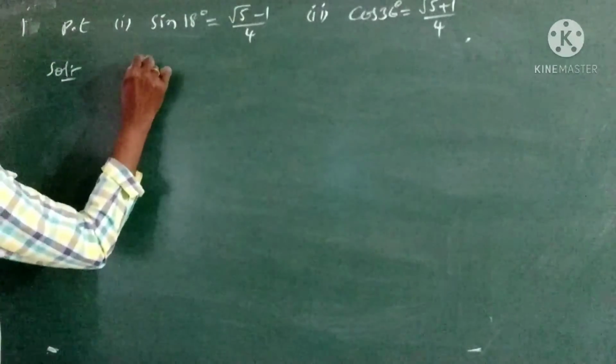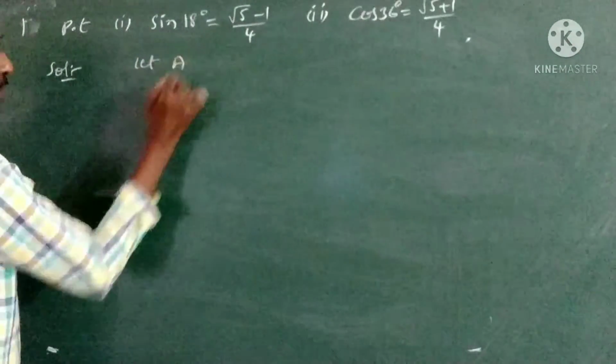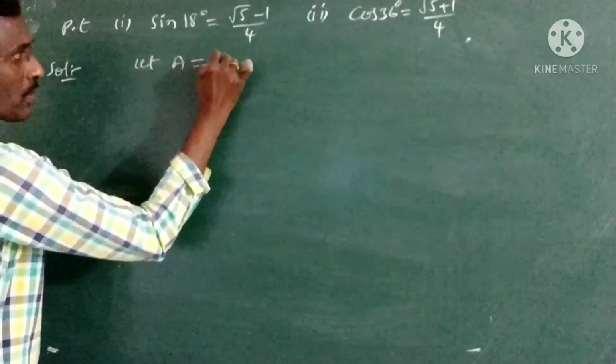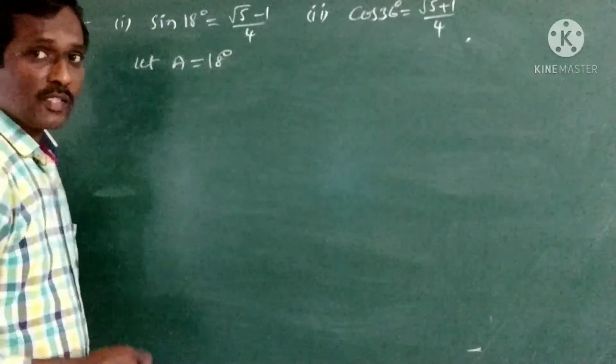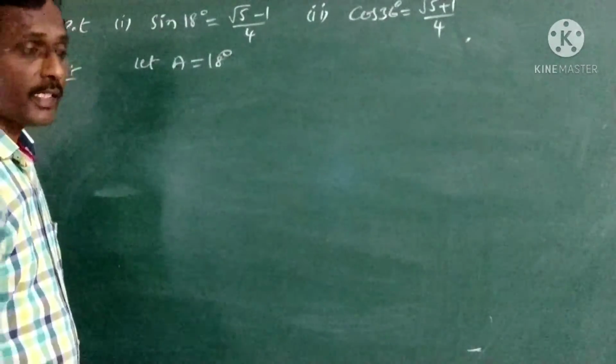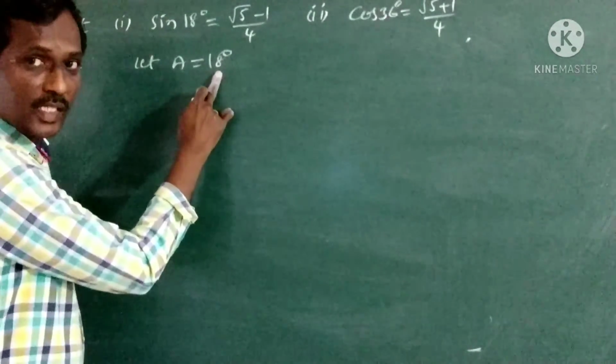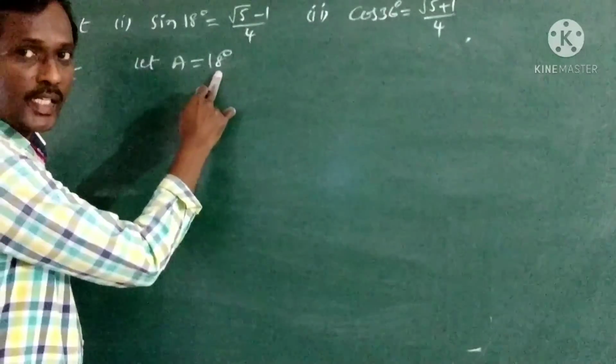To prove this, solution of the problem: let us assume that the angle A equals 18 degrees. What multiple of this value gives a well-known value? 5 times 18 is 90, and 90 is a well-known value.